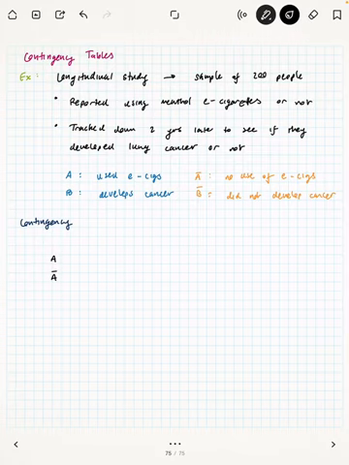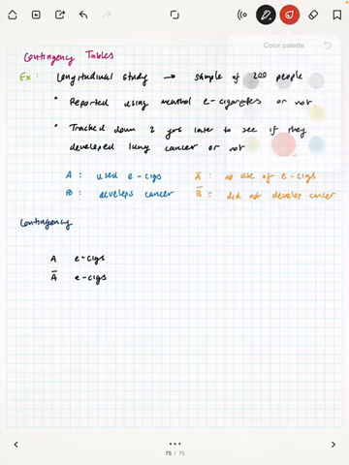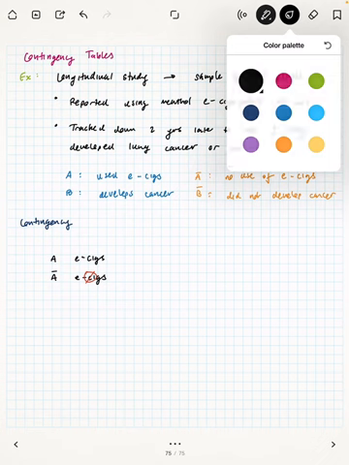And just to remind you, A and A bar means they either used e-cigs or they didn't. So e-cigs or they didn't. And then just for the sake of ease there, let's just use that terminology there.